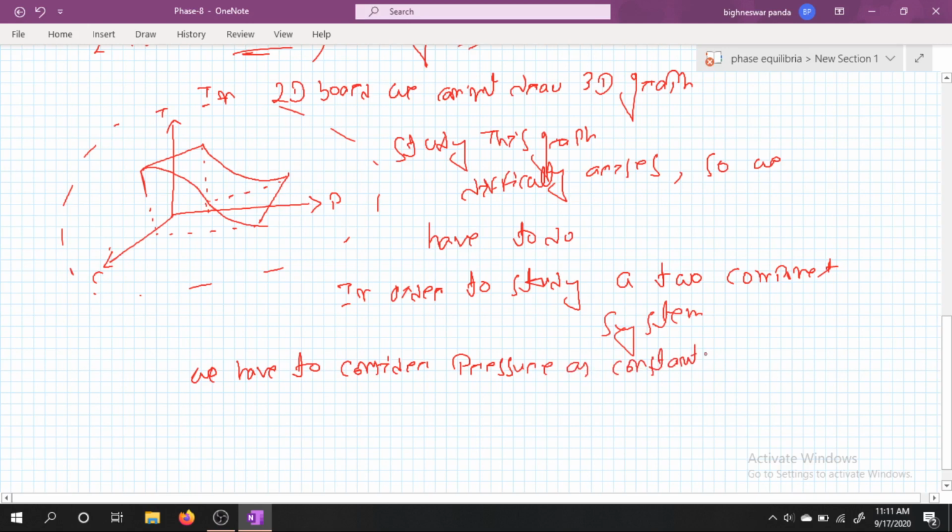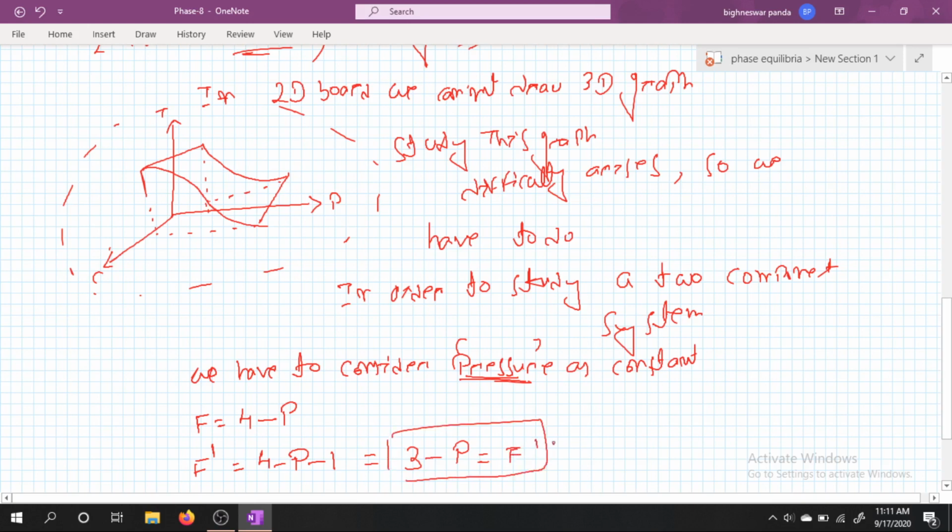For a two component system we have degree of freedom F = 4 - P. Since we are considering pressure constant, I can write the new degree of freedom F' = 4 - P - 1, and it will be equal to 3 - P. This is also called the reduced degree of freedom.